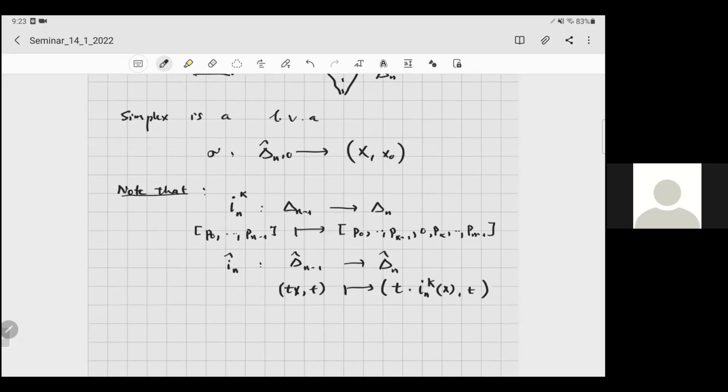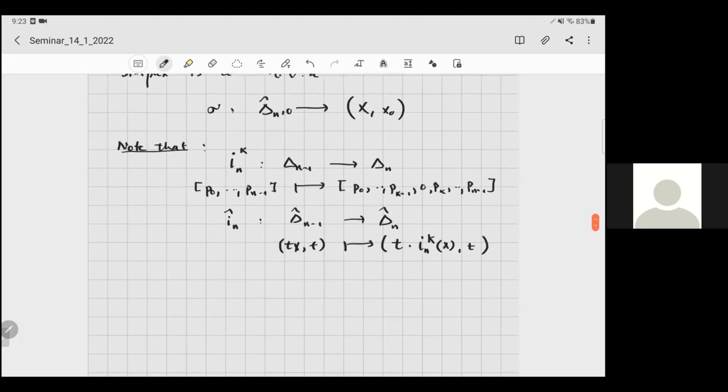So it takes Δ(n-1) hat to a face of Δn hat.